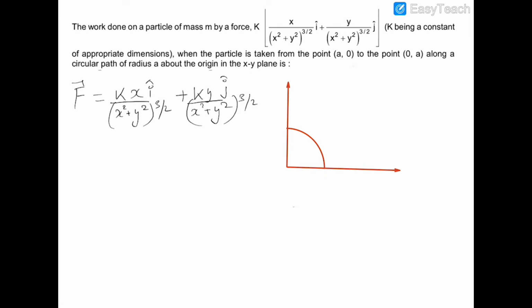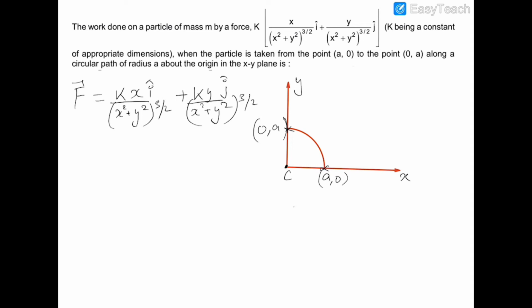We are moving a particle from a comma 0 to 0 comma a, and this is a quarter circle whose center is the origin. So we need to find out the work done by this force.